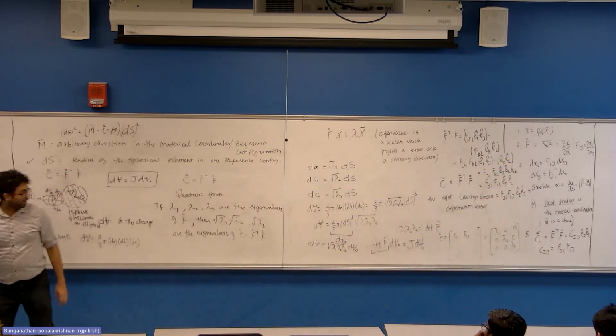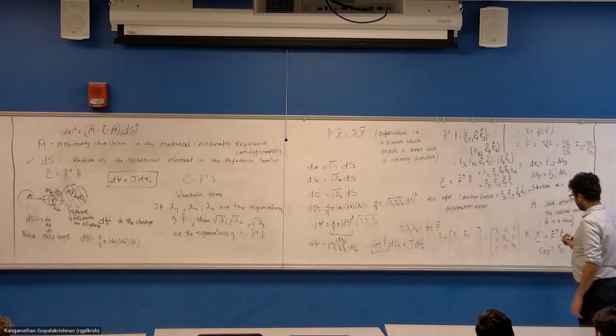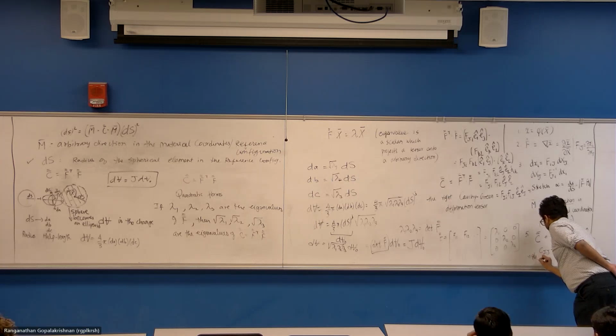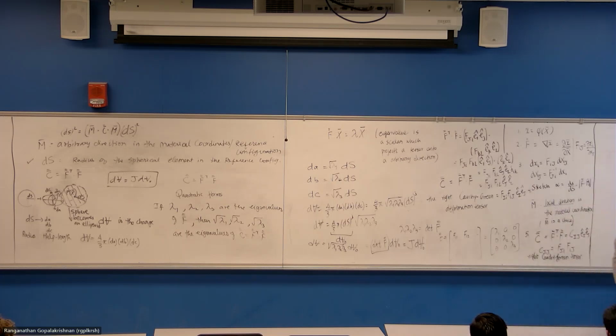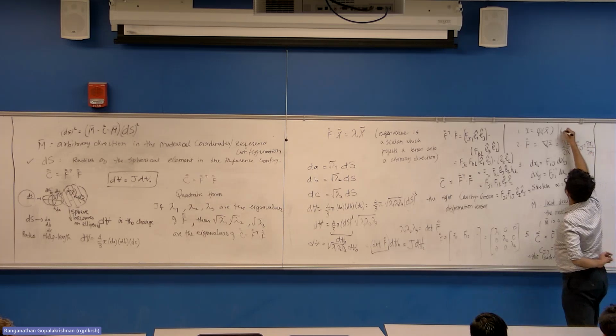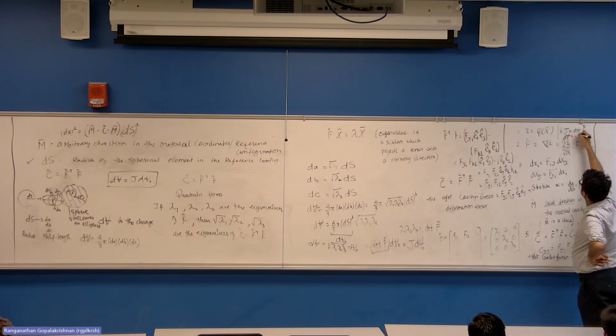So you wrote C, right? Cauchy-Green tensor. The next quantity I would add here, number 6, J equals determinant of F, and that connects the change in volume in each coordinate system.